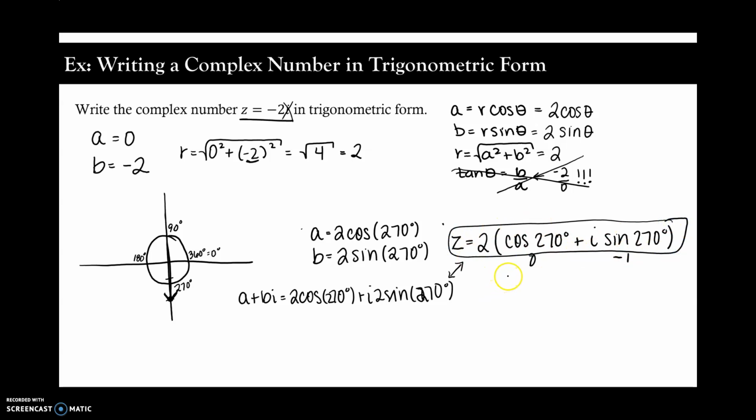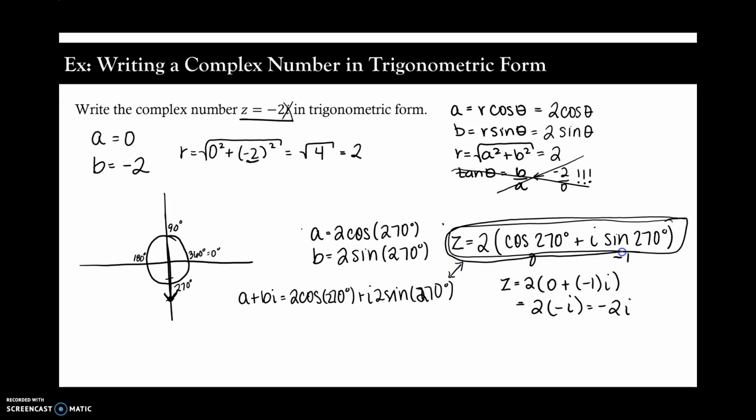But if you look, if we keep going to show that this is the correct number, we would get z equals 2 times (0 plus negative 1i), which is equal to 2 times negative i, which is negative 2i, which is our original number.